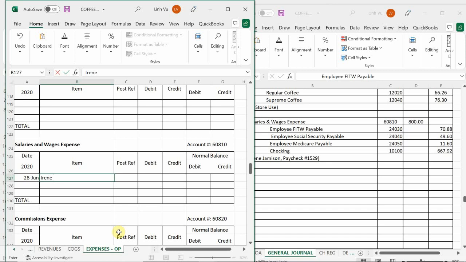And we know that she's worked 64 hours at $12.50. You don't have to be that descriptive, but we know that Irene has earned her salaries and wages, okay? And post reference, once again, we did this in General Journal, page 19, for a total of $800, okay?